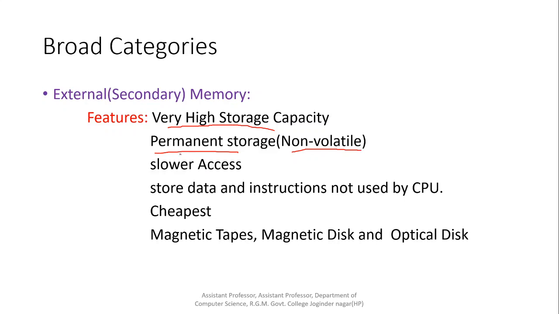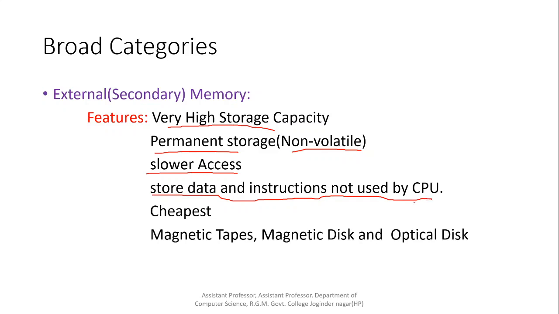They have slower access, meaning to read or write any data from this kind of memory, the access time is slower as compared to primary memory. And this kind of memory stores data and instructions that are not used by the CPU at a time.